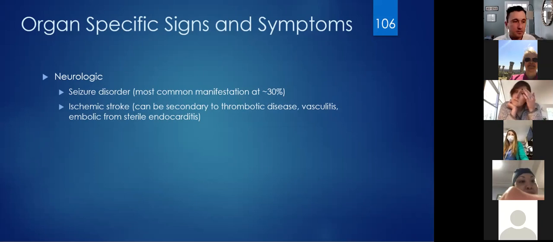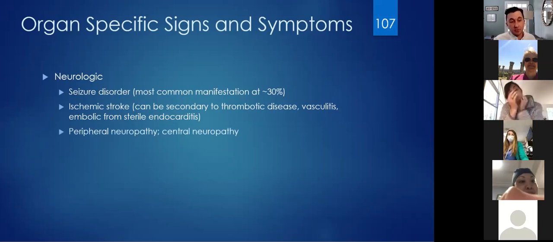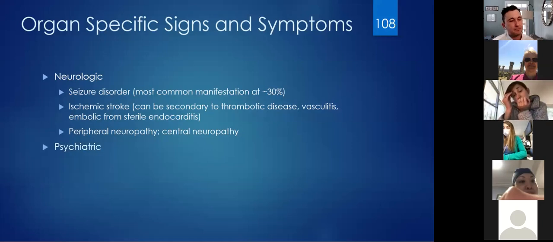A lot of different ways they can have strokes. And of course, it can affect the peripheral and other parts of the central nervous system. This can be a direct effect where the disease affects the nerves, or a situation in which the blood vessels supplying the nerves get affected with vasculitis, and you have nerve death from ischemia.